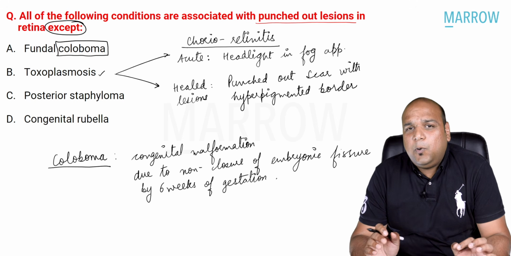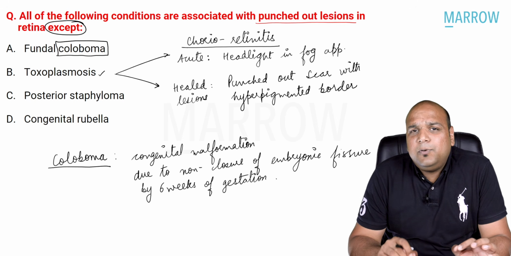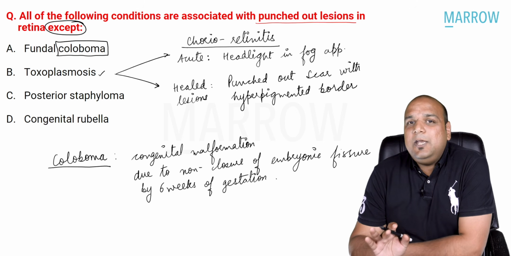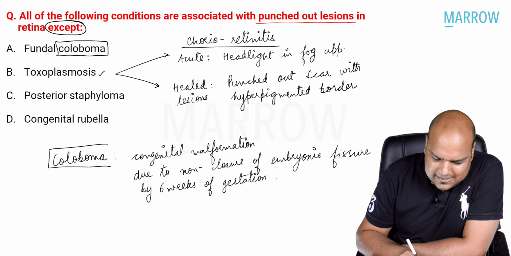The Greek word koloboma literally means mutilation or some missing part. Yes. So as we know, coloboma basically means a missing tissue or missing part.